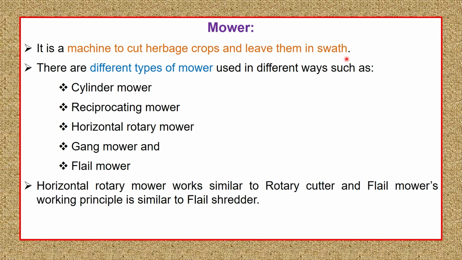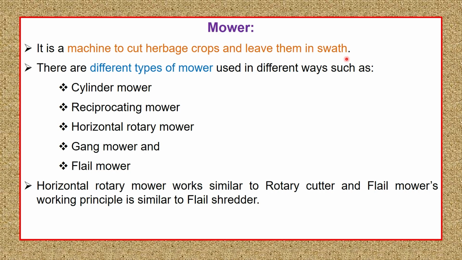For such crops, these mowers are not used. A mower is meant for harvesting herbage and forage crops. They cut them and leave them in a swath. So a swath here is the line of harvested material.